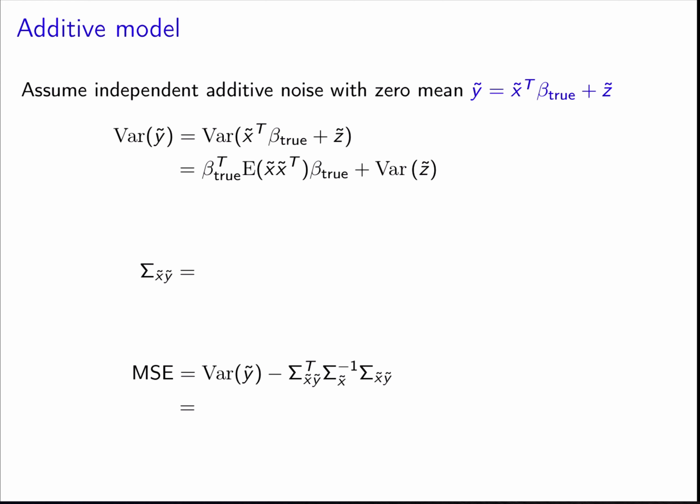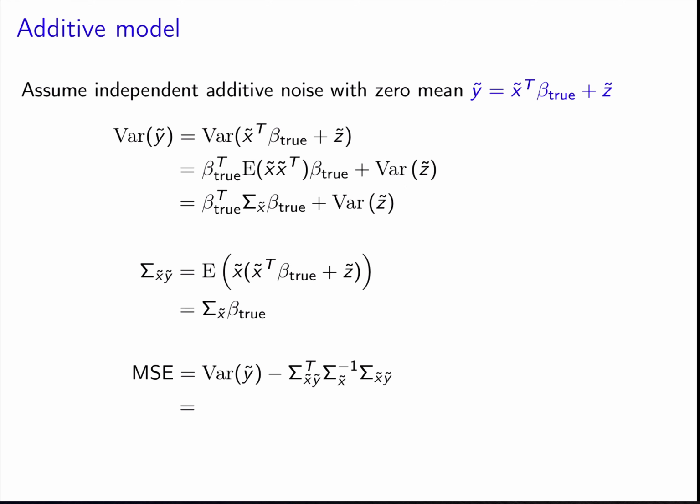Okay, and when we split this out, we get basically the variance of z plus something that depends on beta true applied to the covariance of X. Then, if we look at the cross covariance, the cross covariance between the features X and the response Y, because X and Z are independent, that is going to disappear, and we end up with the covariance applied to beta true again.